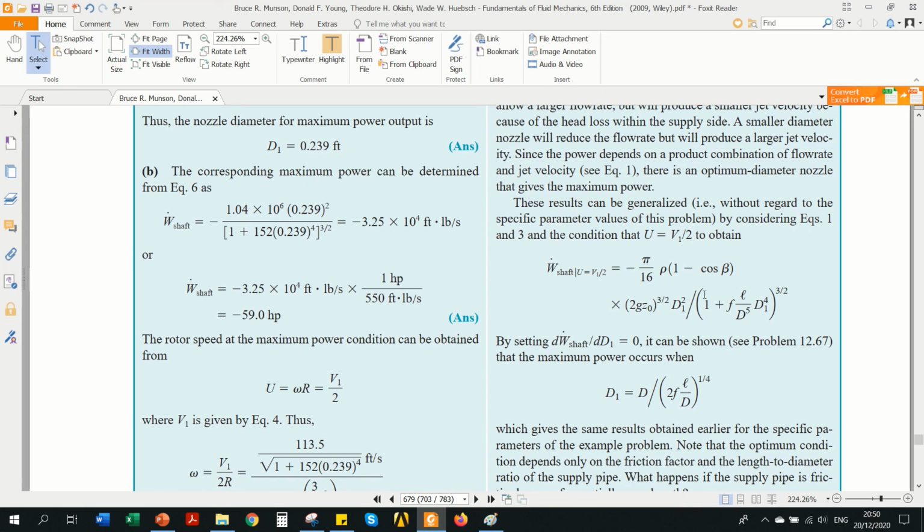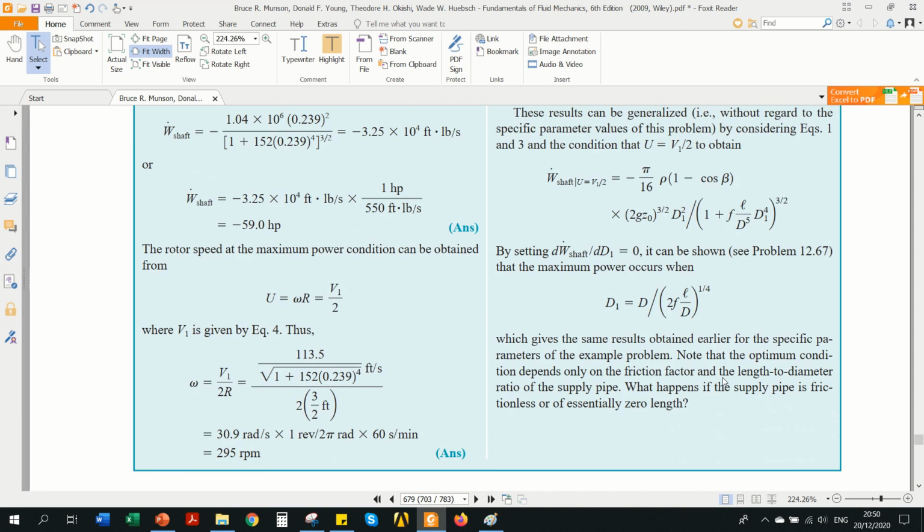By then solving it with this criterion, it can be shown that D1 is equal to D over 2 times the friction factor L over D to the power of 1/4, which gives us the same result that we just saw by solving the example above.